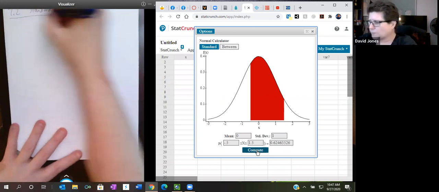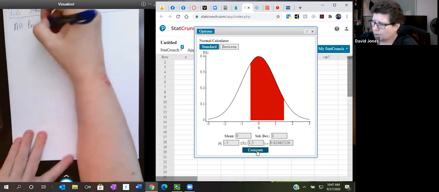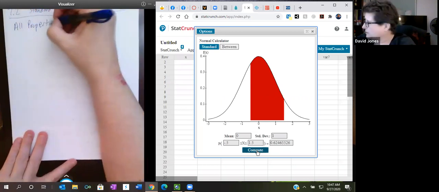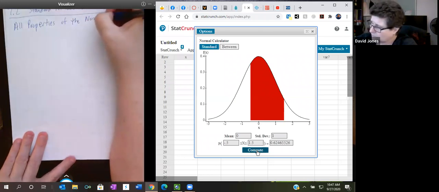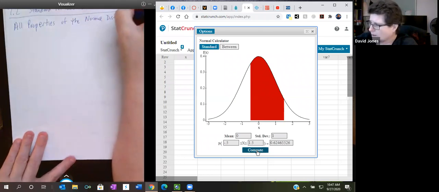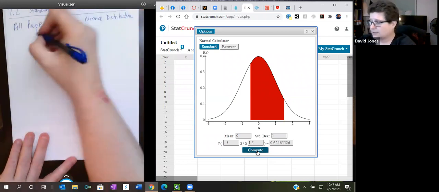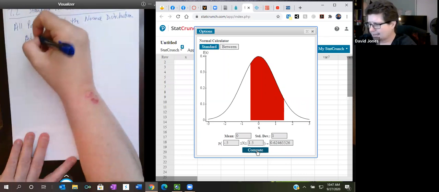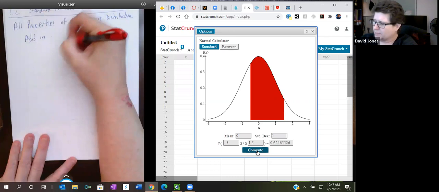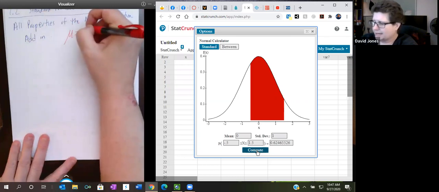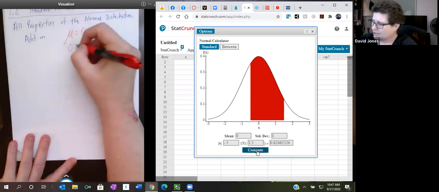So it has all the properties of the normal curve, all properties of a normal distribution, with two added requirements. Rather than just being symmetric about the mean, it's symmetric about the mean equaling 0, and the standard deviation is 1.